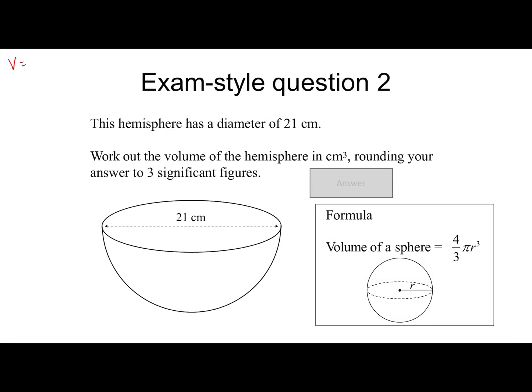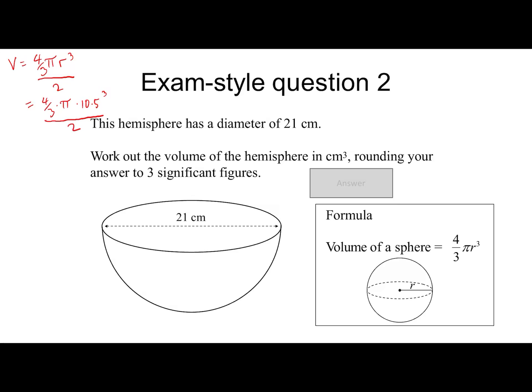Okay, first things first, the volume of a hemisphere must be 4/3 pi r cubed over 2. You're not given r here, you're given d, the diameter. So the radius has got to be 10.5. So we're going to do 4/3 times pi times 10.5 cubed, and then we're going to half it.